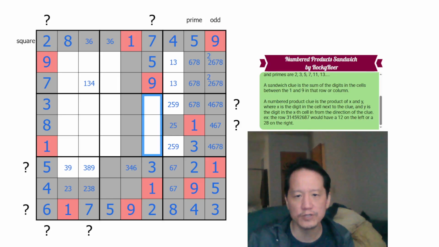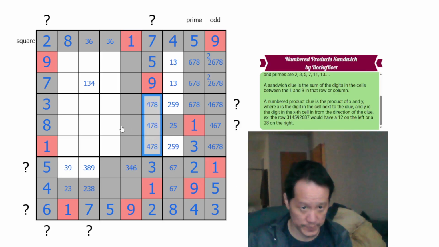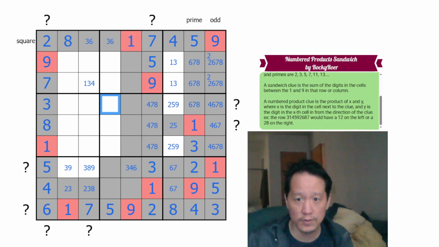The remaining 3 digits are 4, 7, and 8. They're 4, 7, 8. 1 has to be here, because that's the only remaining place for the 1 in box 5. And 9 could be either of these two. We don't know which. So these are all done.